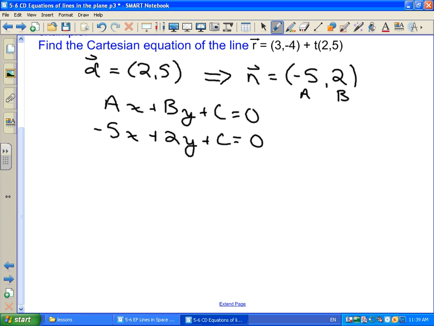Well, the other piece of information that we're given from our vector equation is that the point 3, -4 is on the line. This gives us a value of x and y that has to satisfy this equation. So we can sub those in. I'm going to sub in 3 for x and -4 for y.